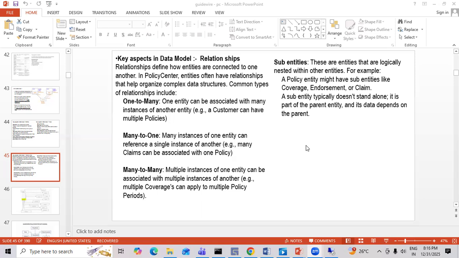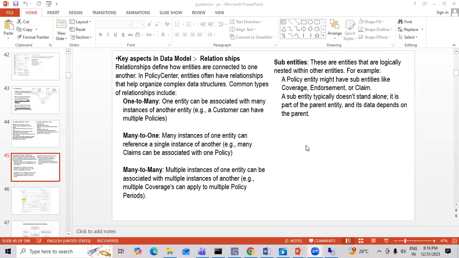For example, a policy entity might have sub-entities like coverage, endorsement, or claims.